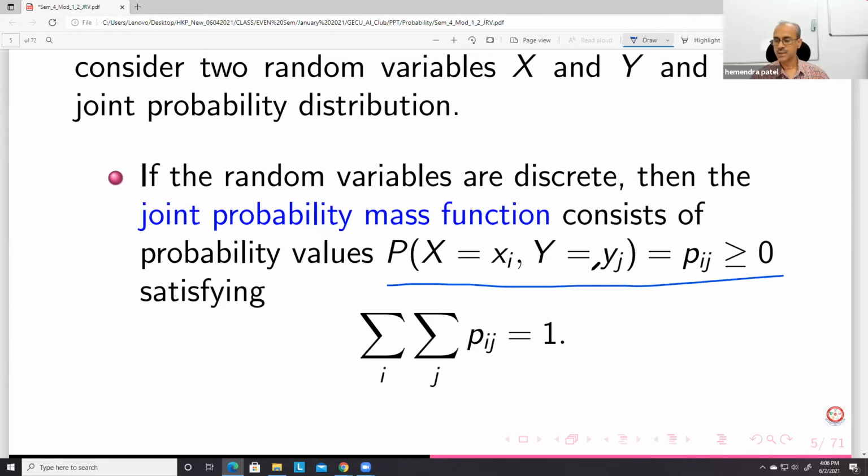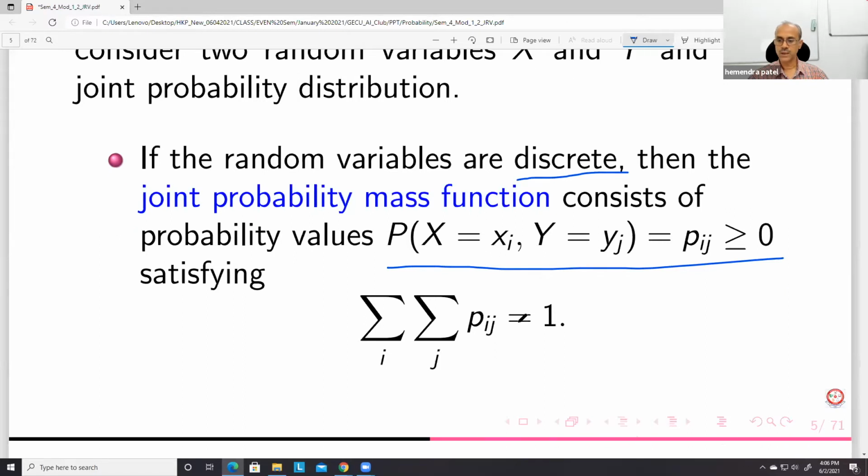Pij is the value where x is equal to xi and y is equal to yj. For example, in that table we have h1 w1, h2 w2, h1 w2 like this. These are the values, and the total sum is equal to 1. The sum of all the numbers in the matrix is equal to 1. If these two conditions are satisfied, then we say this is a joint probability mass function, because these are discrete random variables.